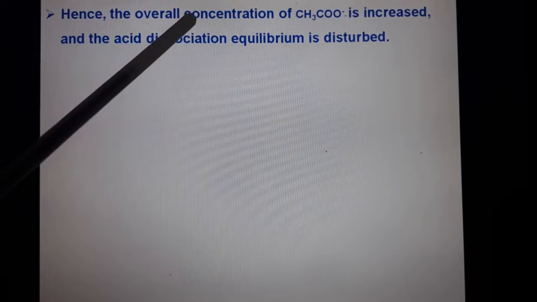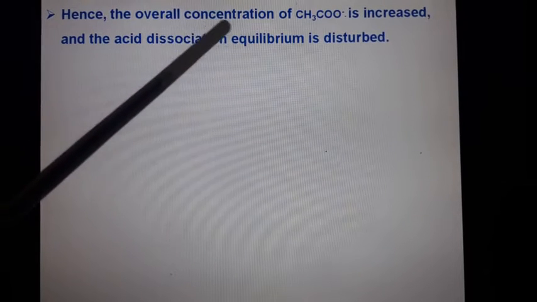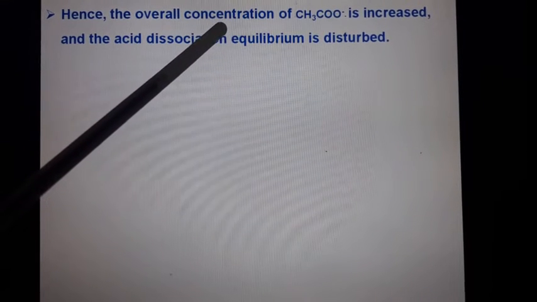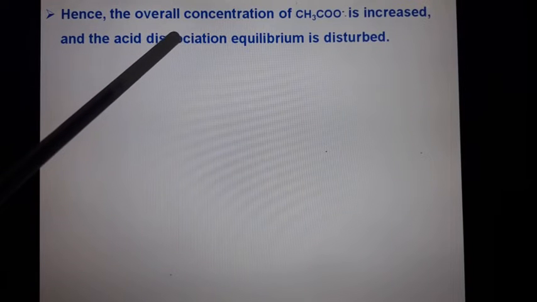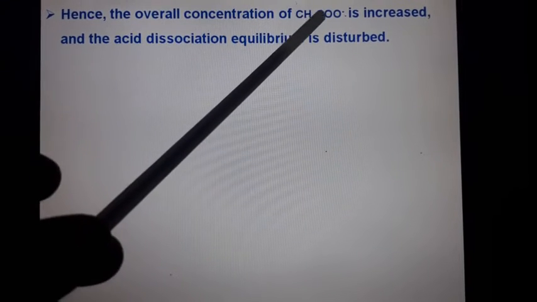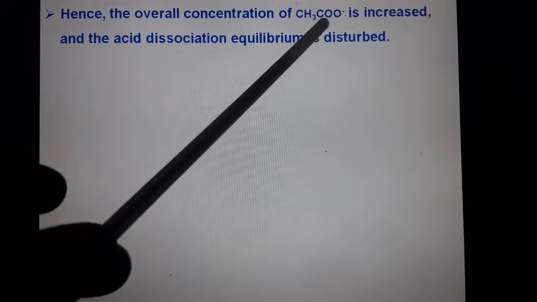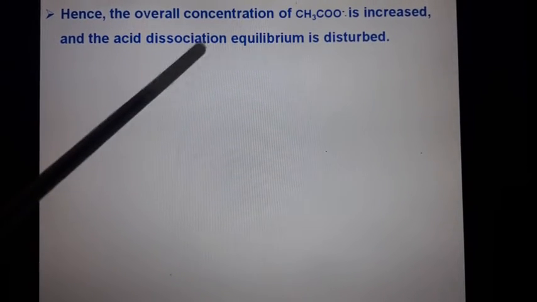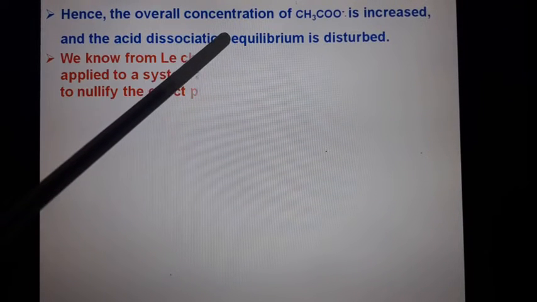The acid dissociation equilibrium is disturbed. So the concentration of CH3COO minus is increased, and the equilibrium is disturbed.